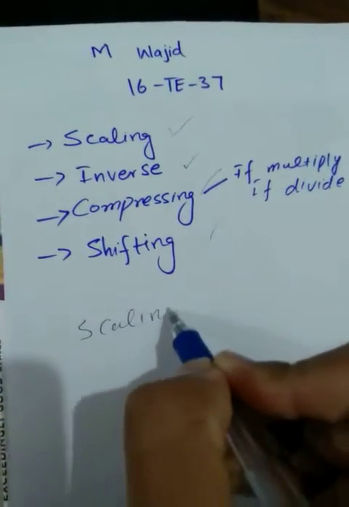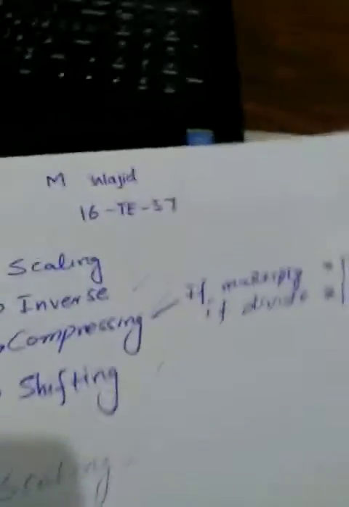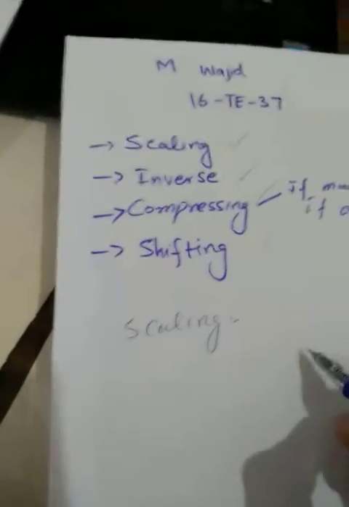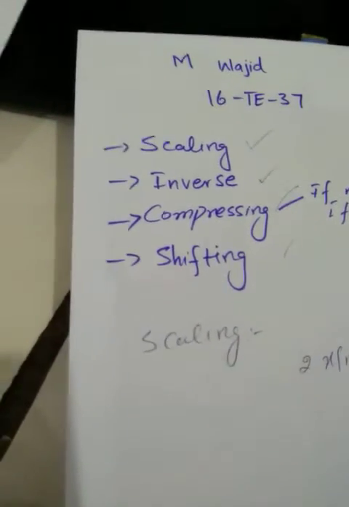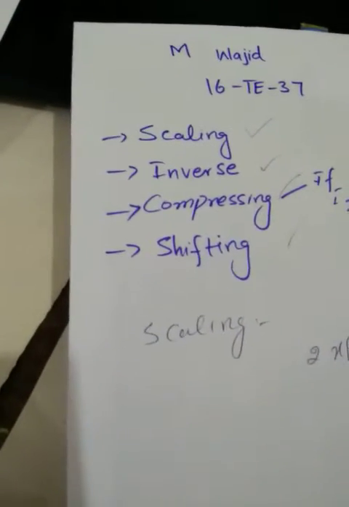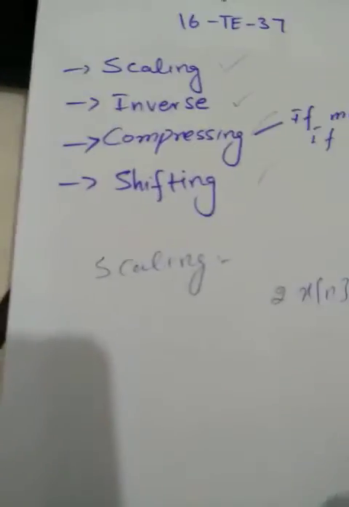Scaling. For example, we have a system x of n, 2 of n, and we have the values of the system as follows.